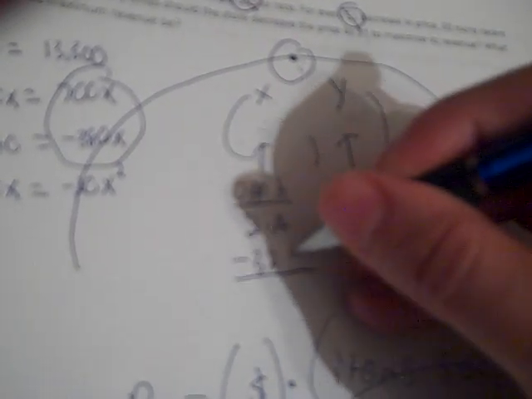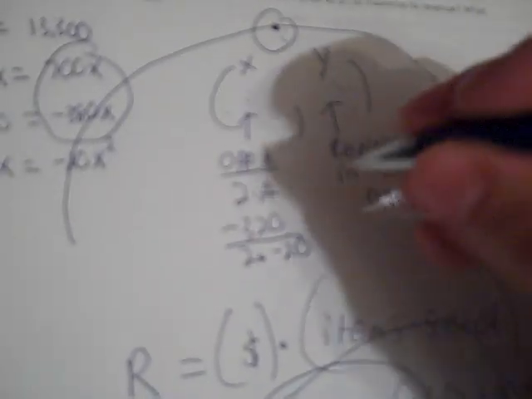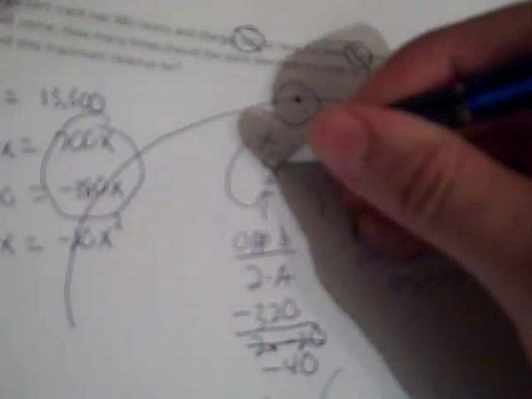So now I know the opposite of B is negative 320. And 2 times A is negative 40. So I'm going to put negative 40 and then divide, and that ends up being 8. So there were 8 price changes. We went down by $1 8 times.